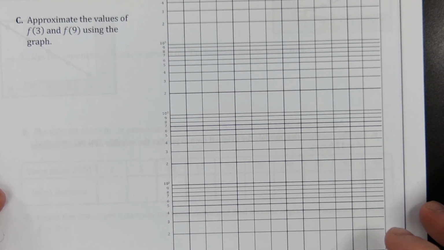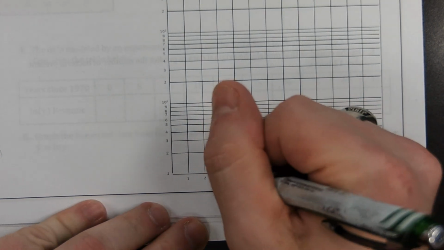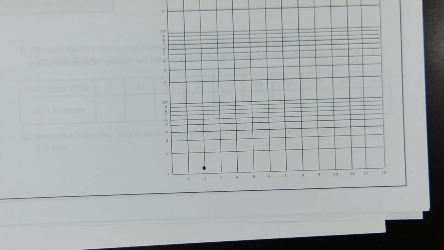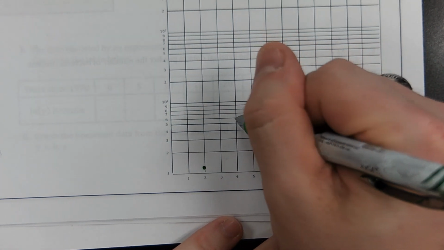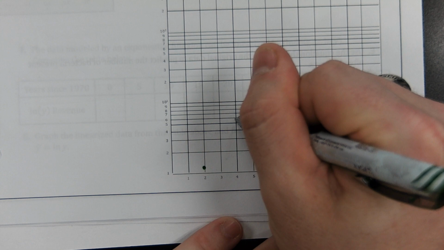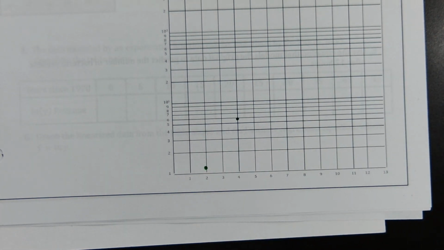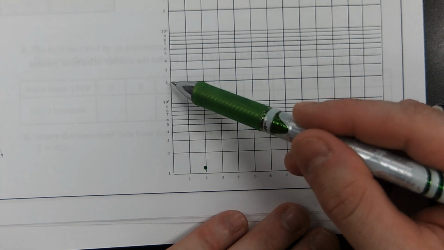But I can do 2, 1.2. 2, 1.2 is like, I don't know, here-ish. 4, almost 6. What's next? 5, about 12.5. Okay, this is 10. That makes this 20.